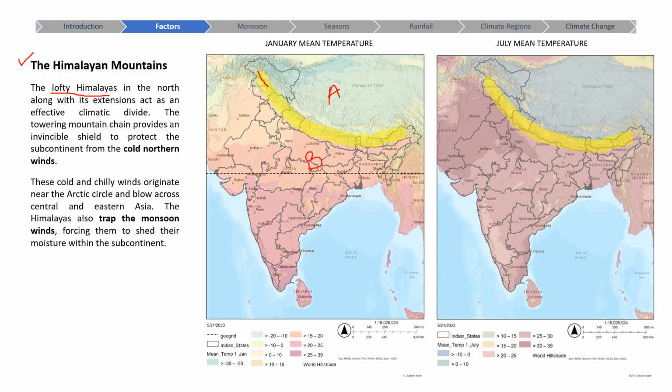So the Himalayas play a very important role. They protect us from the cold winds of the north, which come from the polar region. And the second importance is the monsoon, which comes from southwest to northeast direction, like this here. I should use this map because in July the monsoon comes.